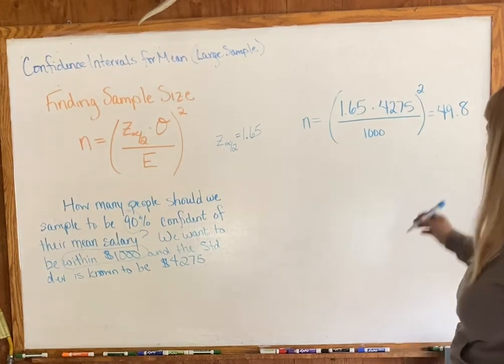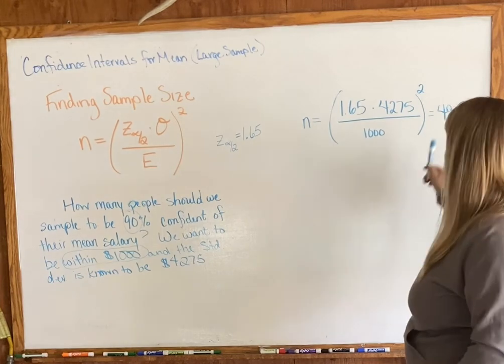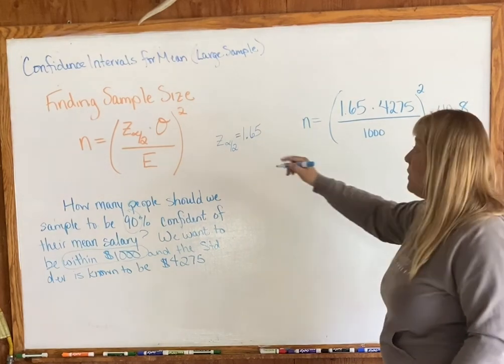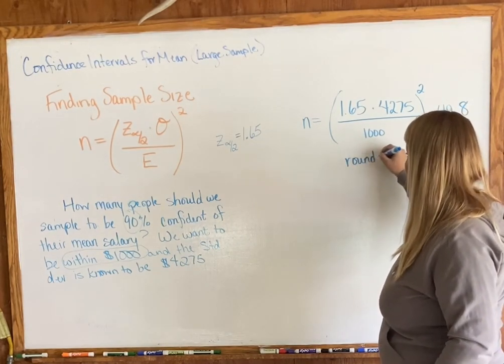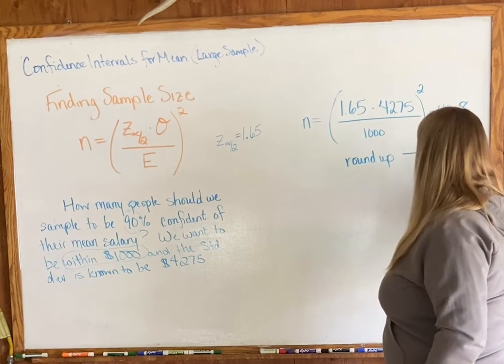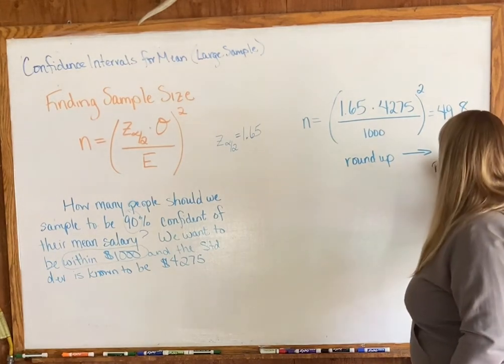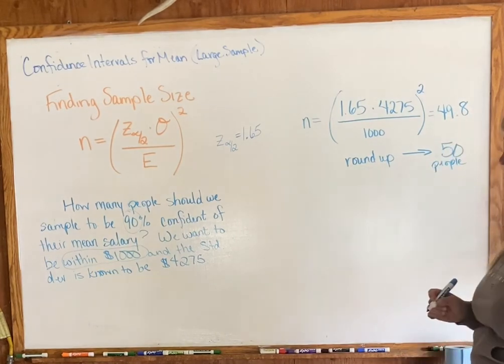If I'm talking to any decimal of a person, I have to talk to the whole person, right? So 49.8 isn't good enough. Whenever you're doing one of these sample size problems, you're always going to round up, always. So we're going to look at a sample of 50. Okay? So we need to study or sample 50 people.